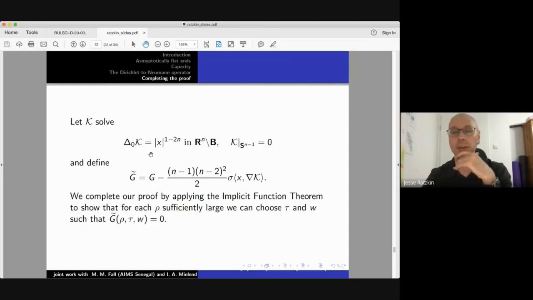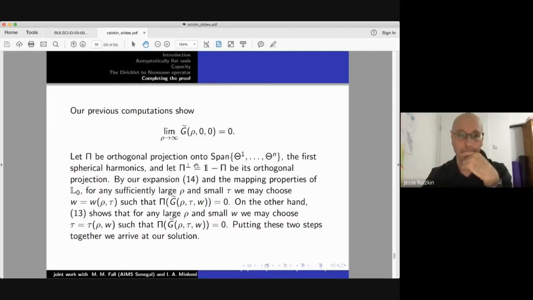So the first thing I have to verify is that when I take the limit as rho goes to infinity, I obtain the correct value. That the limit as rho goes to infinity of g tilde of rho comma 0 comma 0 is actually 0. So that's the first thing I have to show. And then what do I do? Well, I project onto the first spherical harmonics and their orthogonal complement.